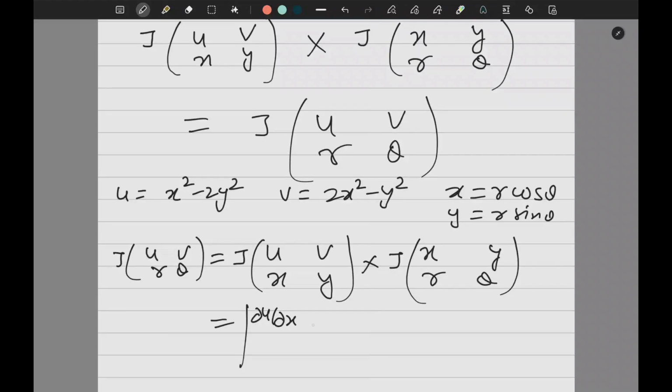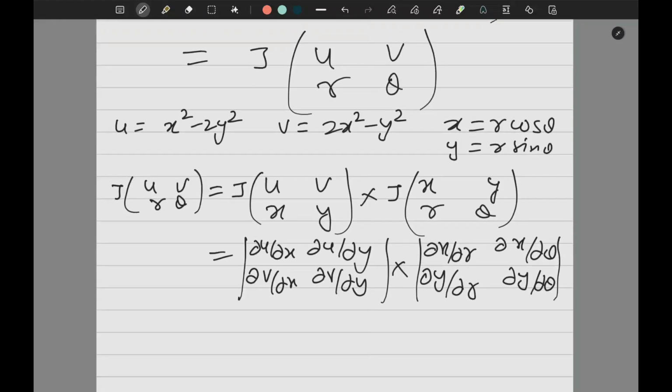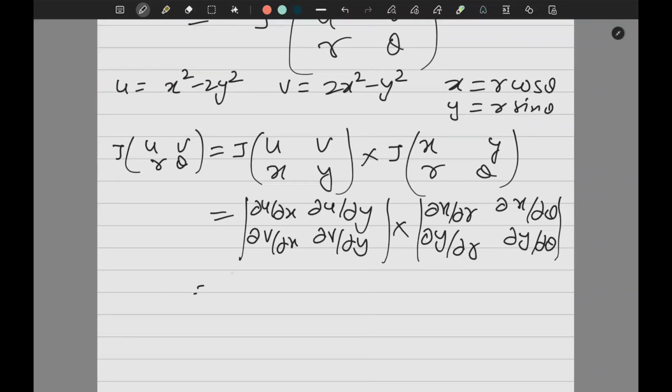Now the Jacobian of this means what? ∂u/∂x, ∂u/∂y, ∂v/∂x and ∂v/∂y, into ∂x/∂r and ∂x/∂θ, ∂y/∂r and ∂y/∂θ. Now substitute the values.